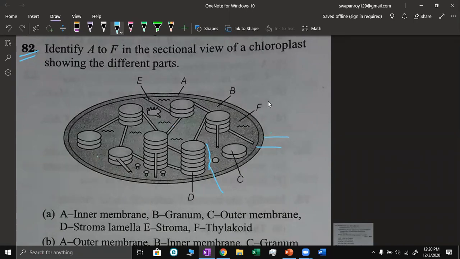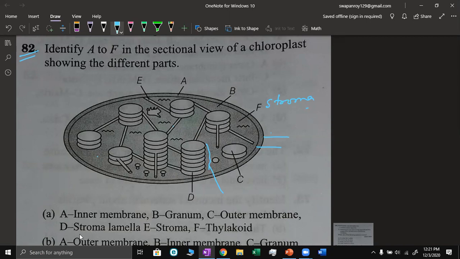F and B both are showing a stroma only. B is granum, no. See here, A is showing inner membrane.